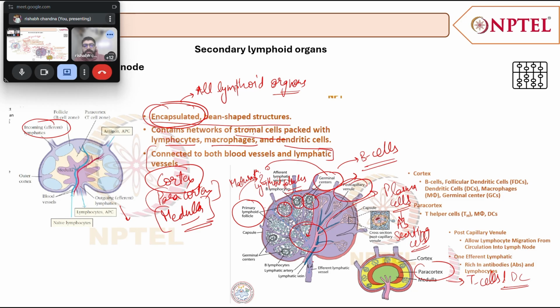Then we have the efferent lymphatic vessel, as I have told before, which helps in taking the lymph away from the lymph node. So all the activated immune cells travel to the body through the efferent lymphatic vessel. So this was it for the lymph node. If you guys have any doubt, you can ask.